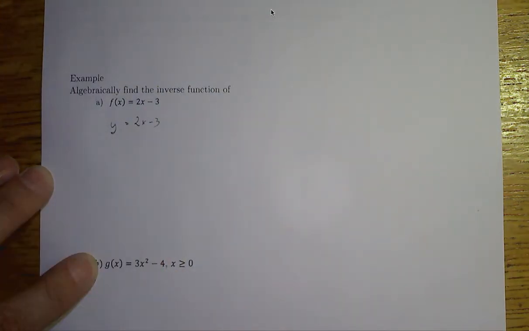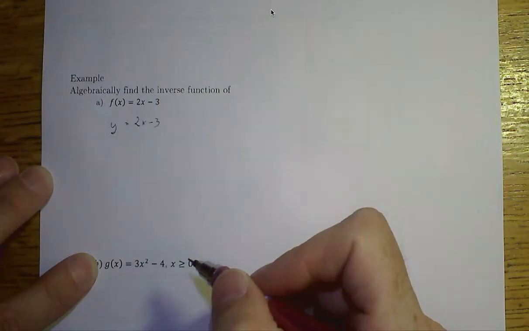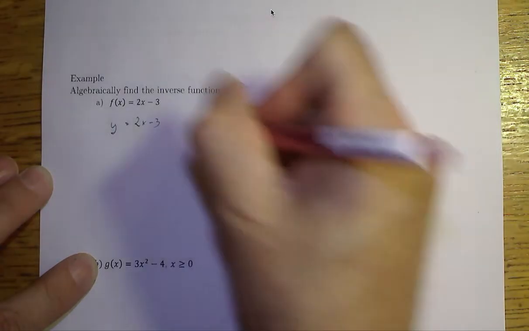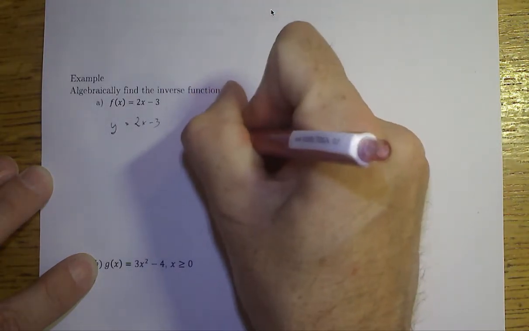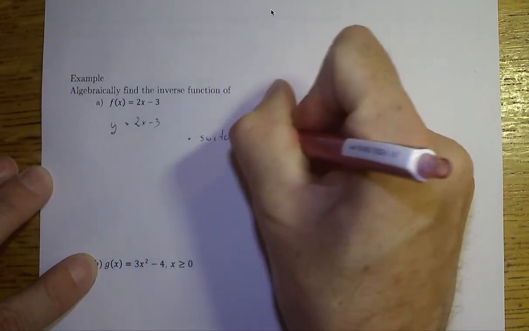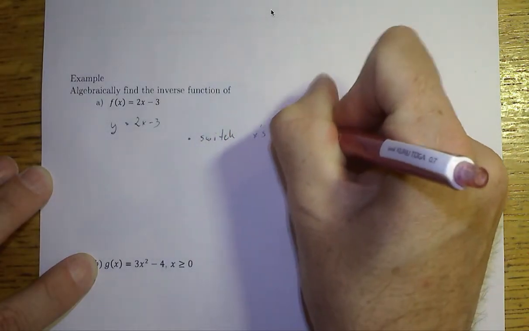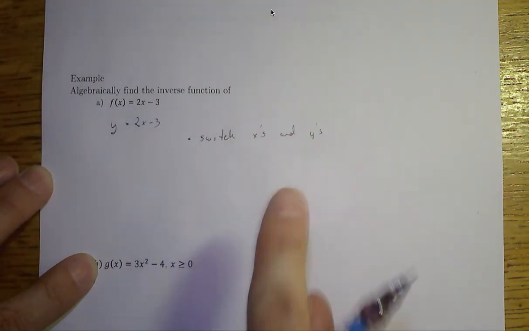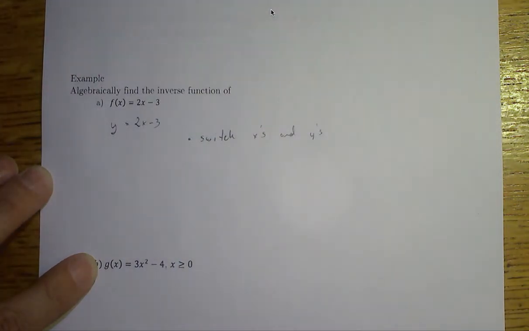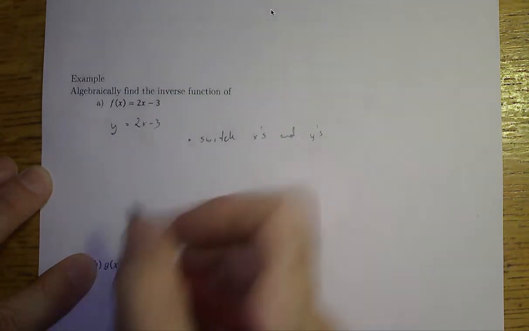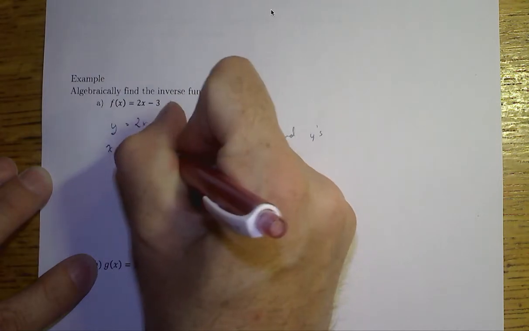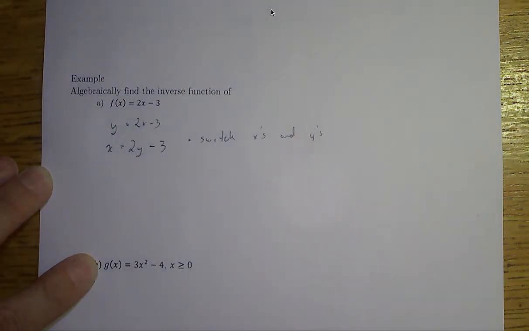I find it much easier to deal with x's and y's. Now, I'm still working on my themes of inverse functions. So very quickly, I'm just going to switch x's and y's. This actually should say replace x with y, y with x. And when I do that, I'm going to create the equation x is equal to 2y minus 3.